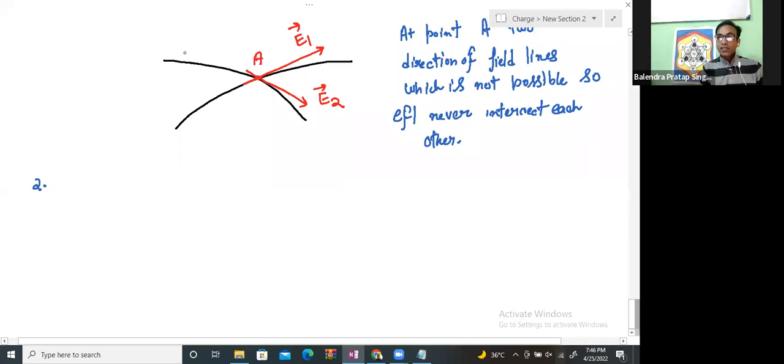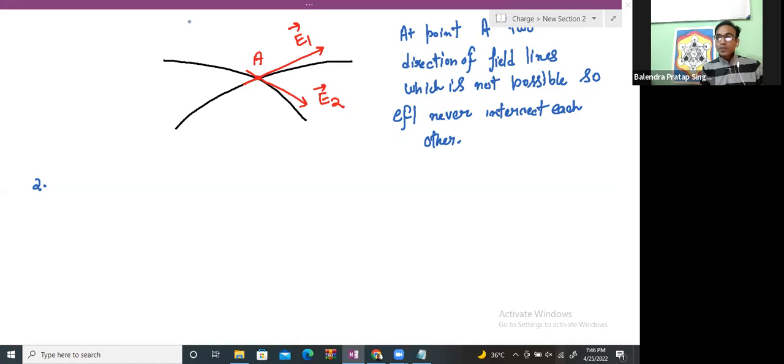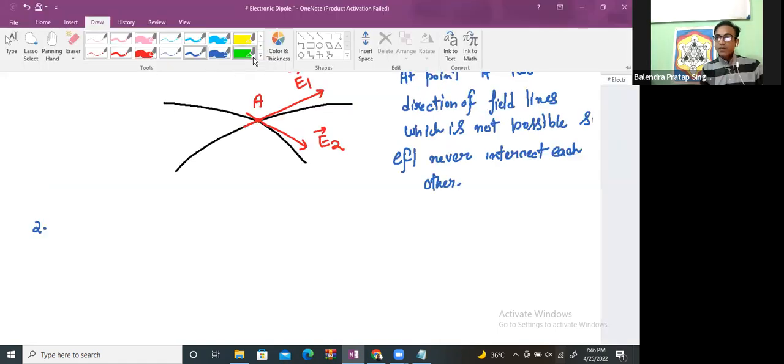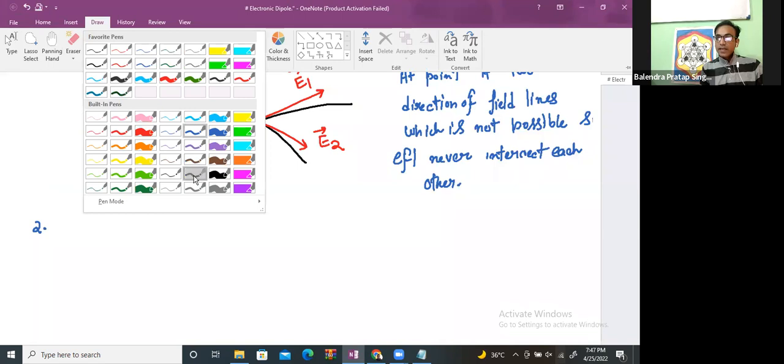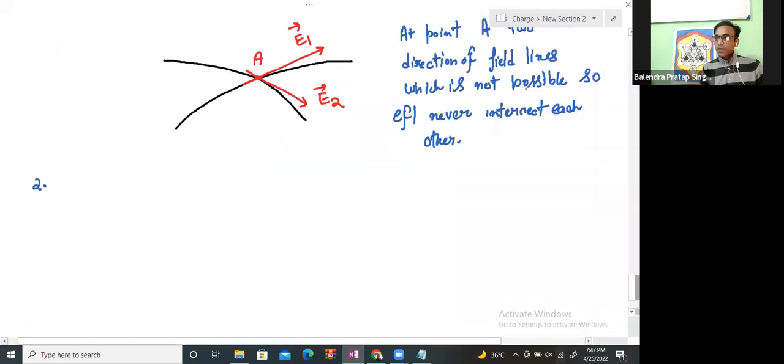That's your second property, which is relative density, or you can say separation of field lines.